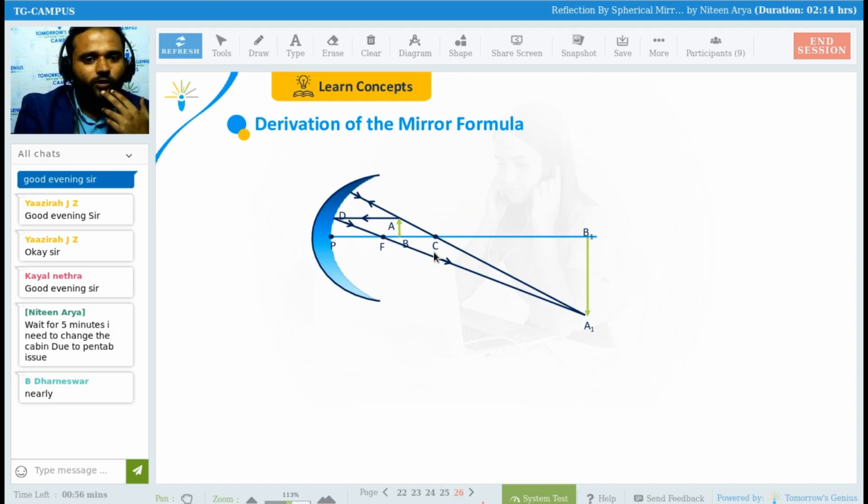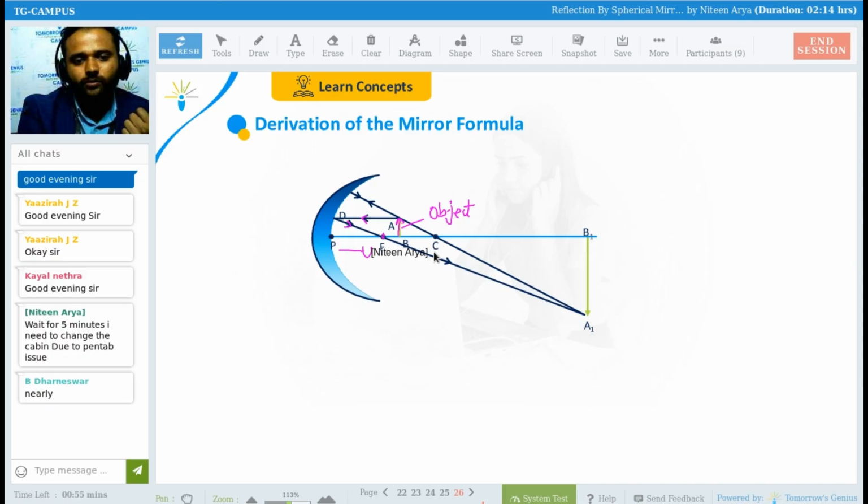So suppose there is an object, situated in between F and C. One ray is going to be parallel, coming to the point of focus, or if any ray is passing through C, it is going to come back along the same path through C. So this is your object.